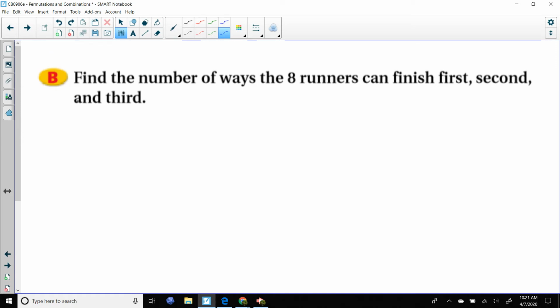The number of ways 8 runners can finish first, second, and third means I have 8 runners, that's going to be n, and the rate with which they're selected is first, second, or third. So n is going to be 8, r is your rate, is going to be 3.